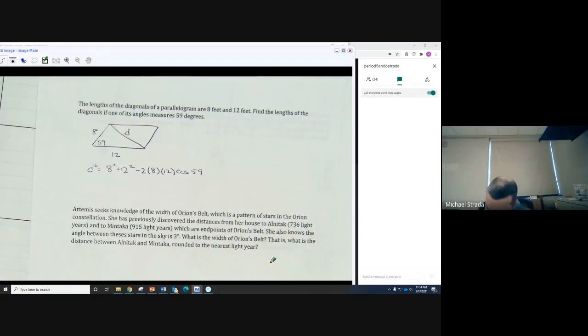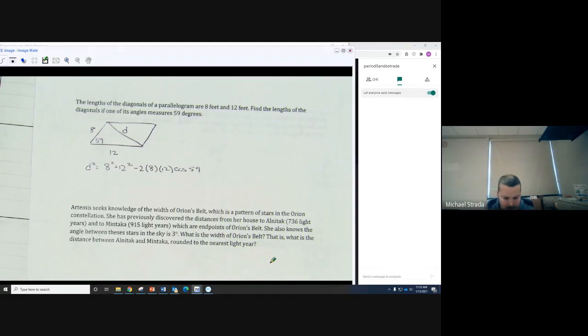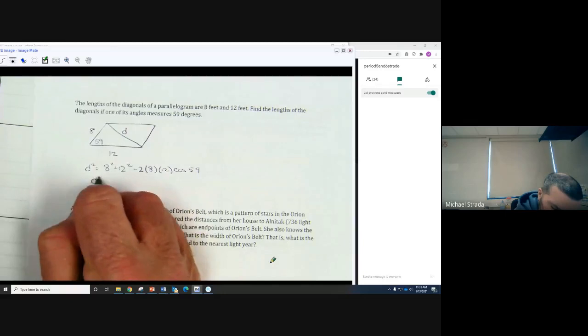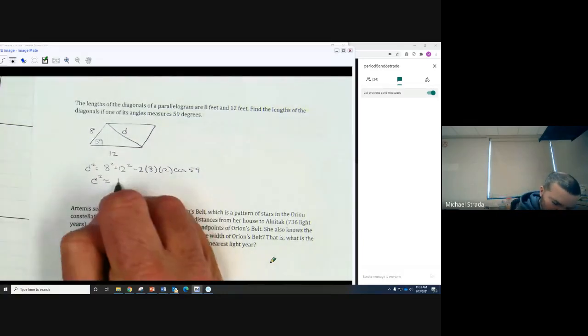All right, so I'm going to do that math. 8 squared plus 12 squared minus 2 times 8 times 12 cosine 59. And d squared comes out to be approximately 109.1.